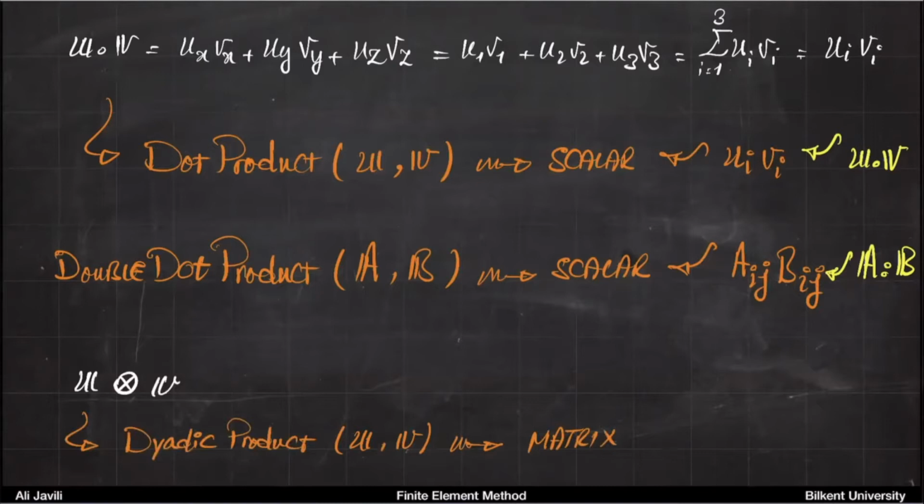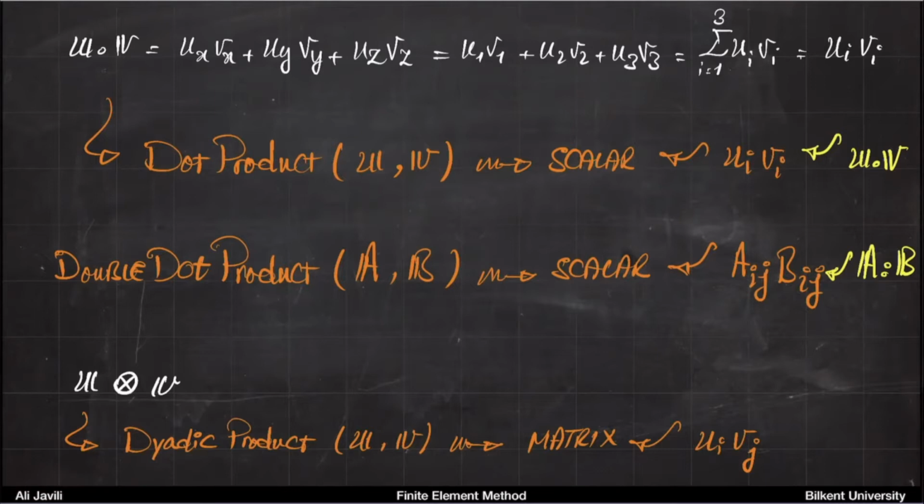And by the way, here the order doesn't matter if you had a dot product, but if you have a dyadic product, the order also matters. And we show this as ui vj. So see now, you have two indices, i and j, but they are not repeated. So both of them are free indices basically, and that means you have a matrix. So in 3D, you have a 3 by 3 matrix.